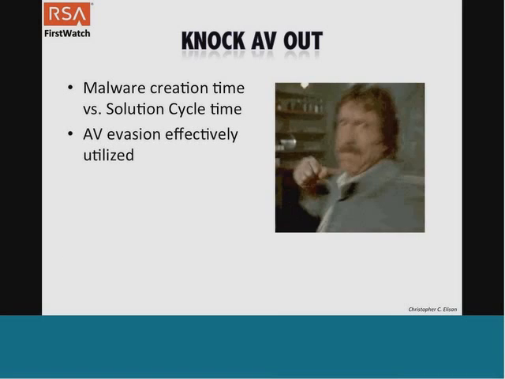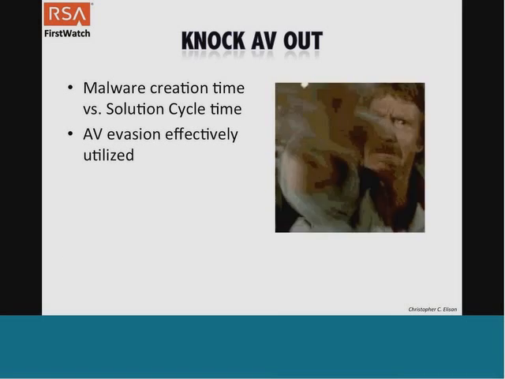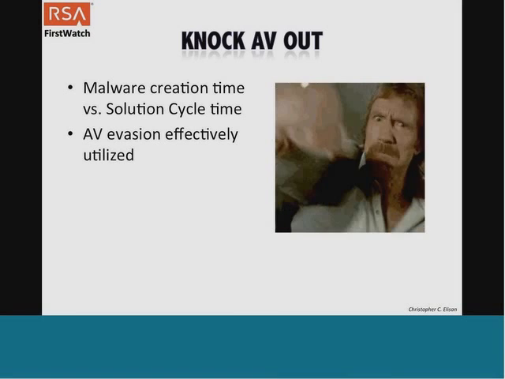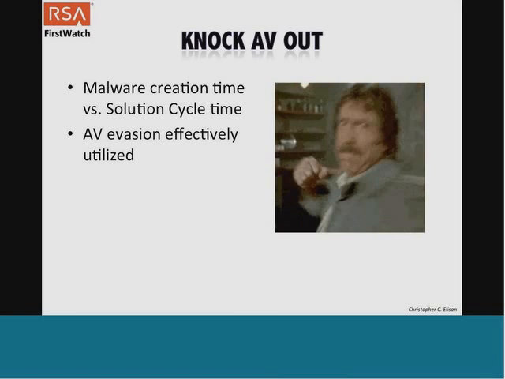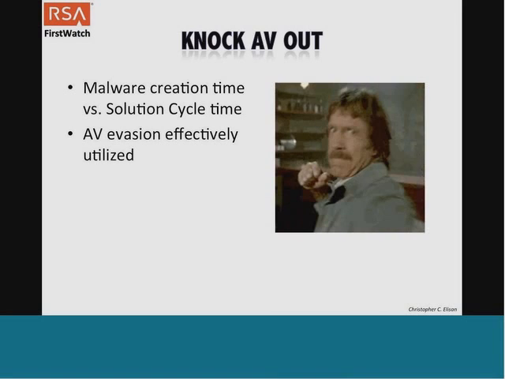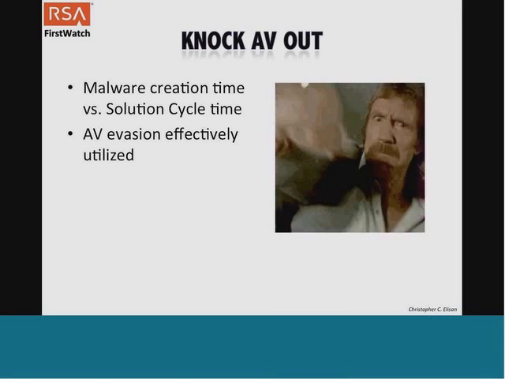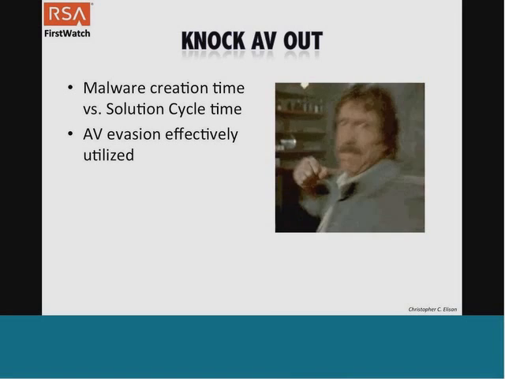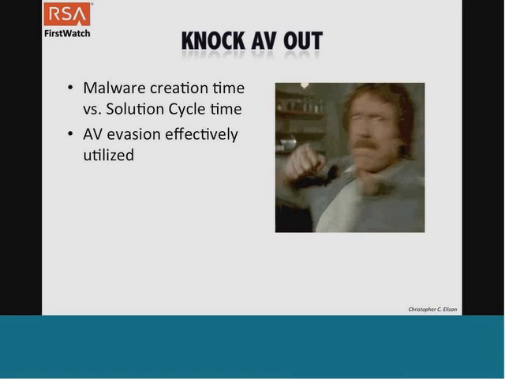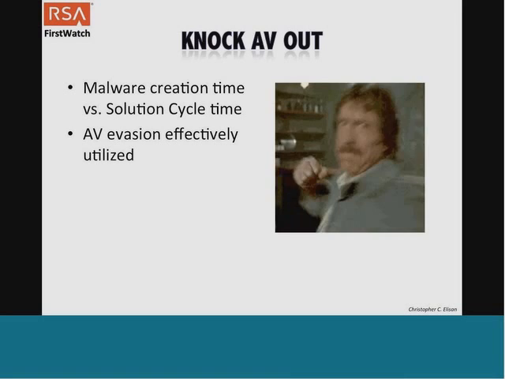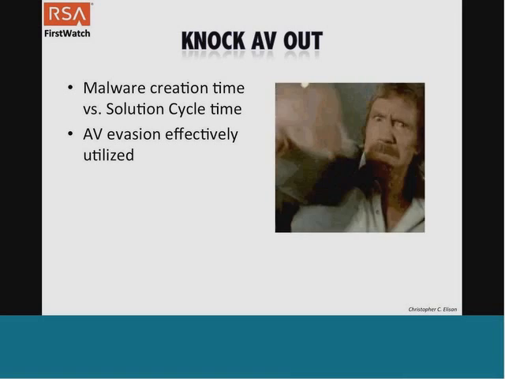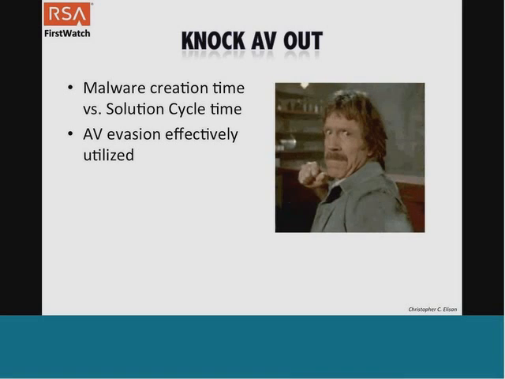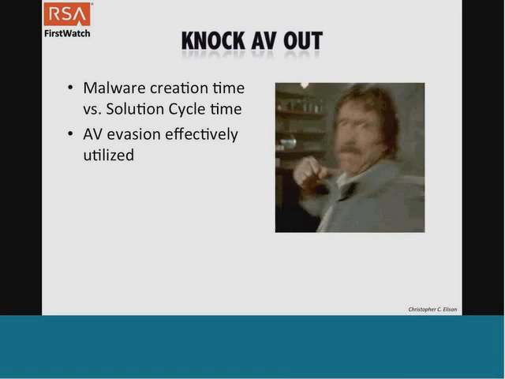And when it comes to AV evasion techniques, they're effectively utilized by the attackers. Before, when you needed a certain AV evasion technology available in your group of attackers, you needed to have that skill within your team. But now, you don't need that. All you need to do is get the tool that has that capability.